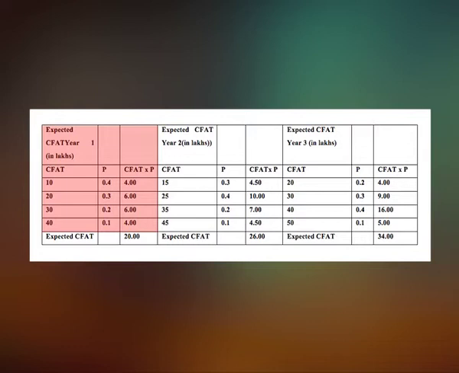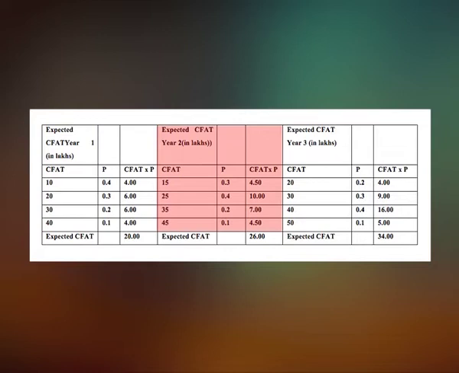Then 20, probability 0.3, the product is 6. Next it is 30, probability 0.2, the product of CFAT into P is 6. Then 40, probability 0.1, then CFAT into P is 4.